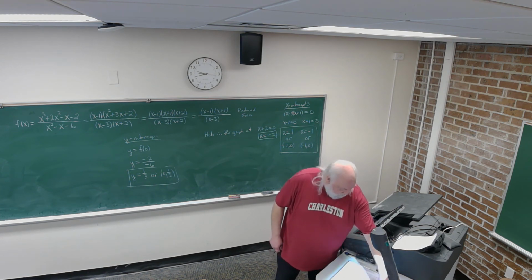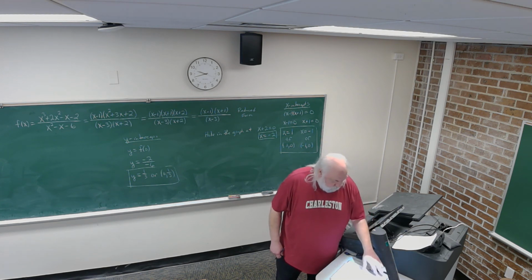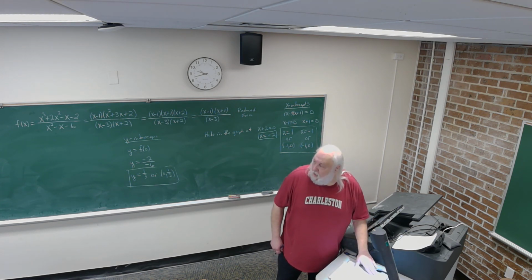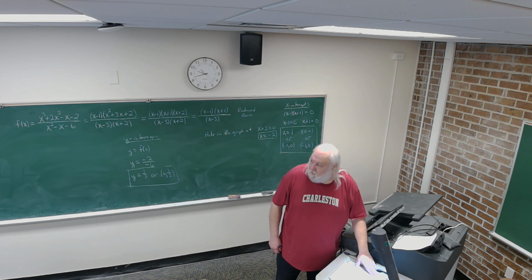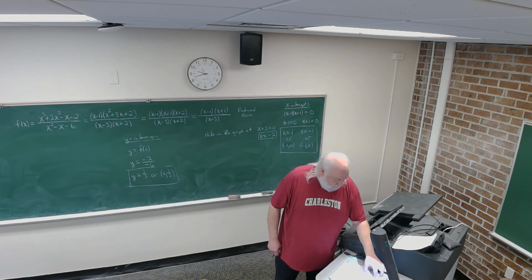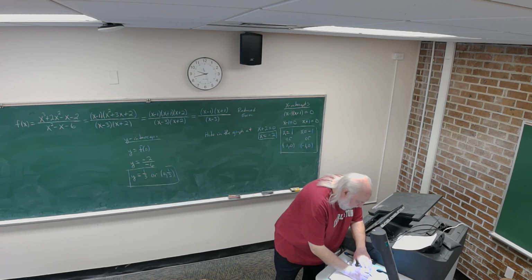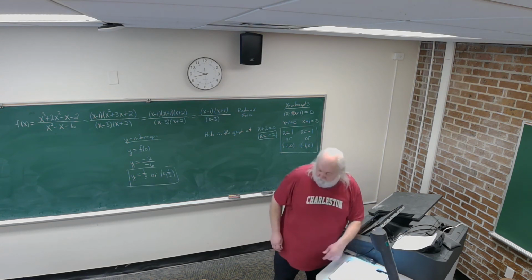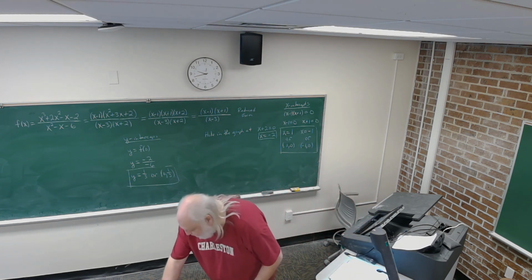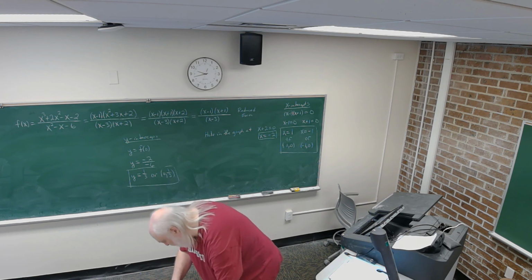If you flip over your handout, this part up here gives you the formal mathematical definition of a vertical asymptote.